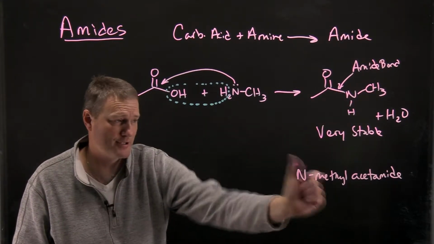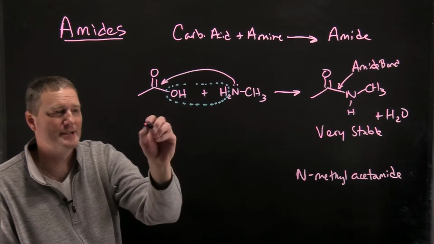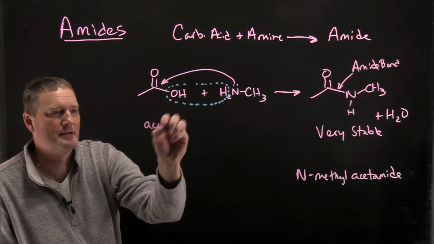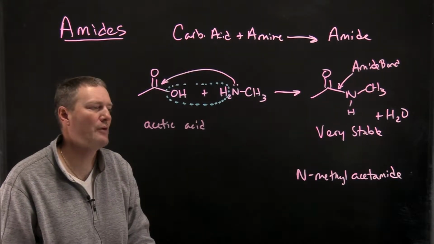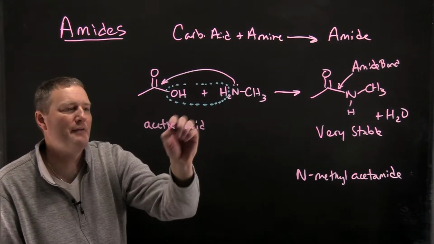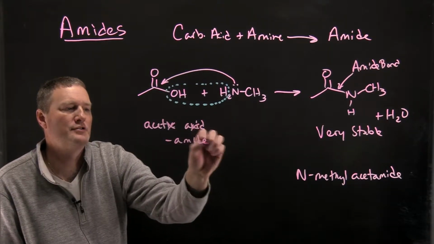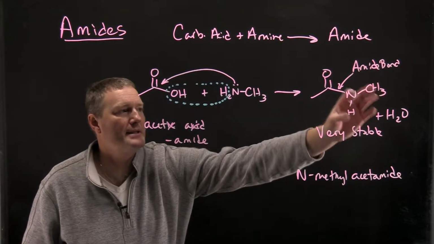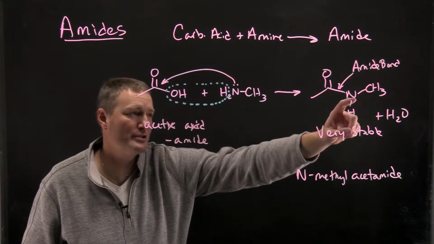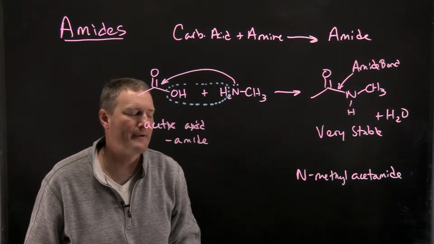I list that first. And then I take my corresponding parent acid, which was acetic acid. Okay. And what I'll do is I'll just drop off the IC acid and tack on amide. So this now becomes acetamide. But I list the things attached to the nitrogen first, and I usually will list a capital N for each of the different substituents that might be on there.